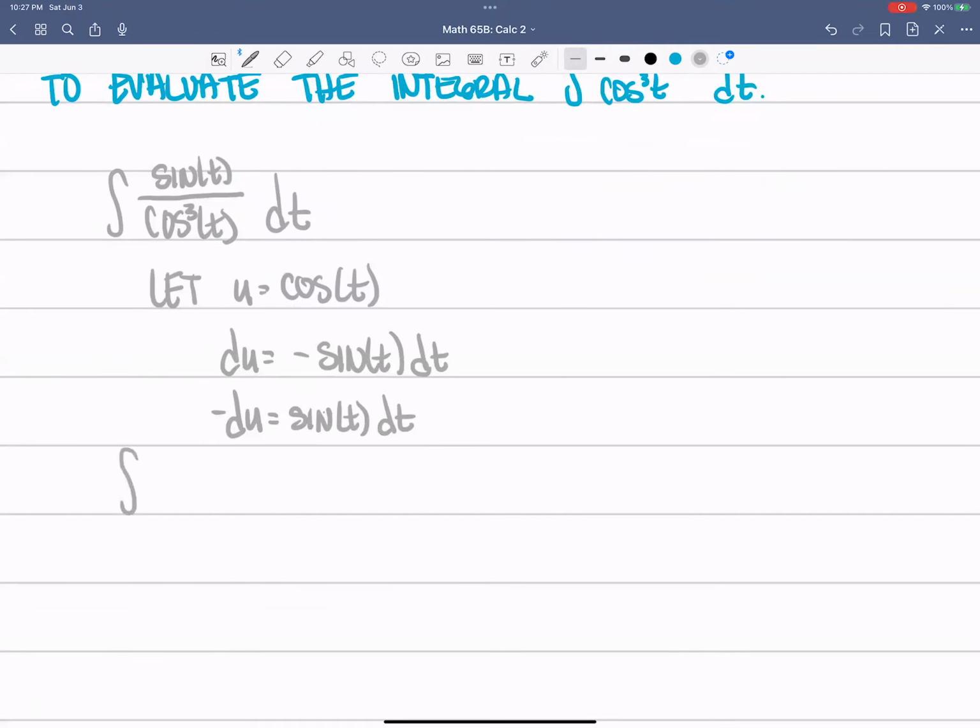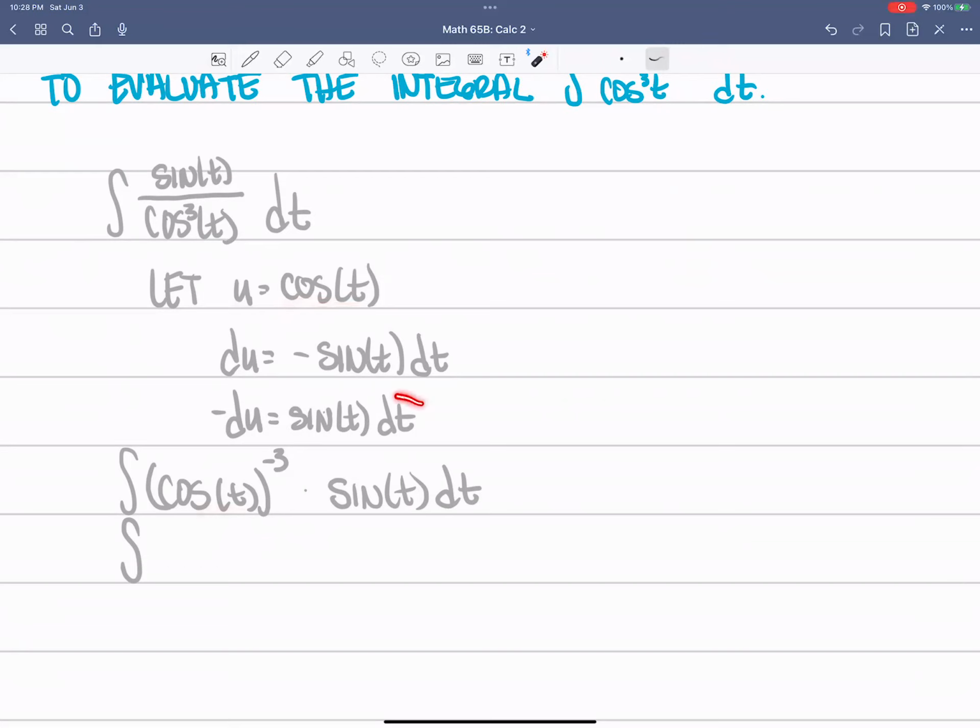And so here we have cosine t. Let's raise this to the -3 just to make it a little bit easier. And we're multiplying that by sine t dt. And now everywhere we see a cosine t, we're going to replace it with u.